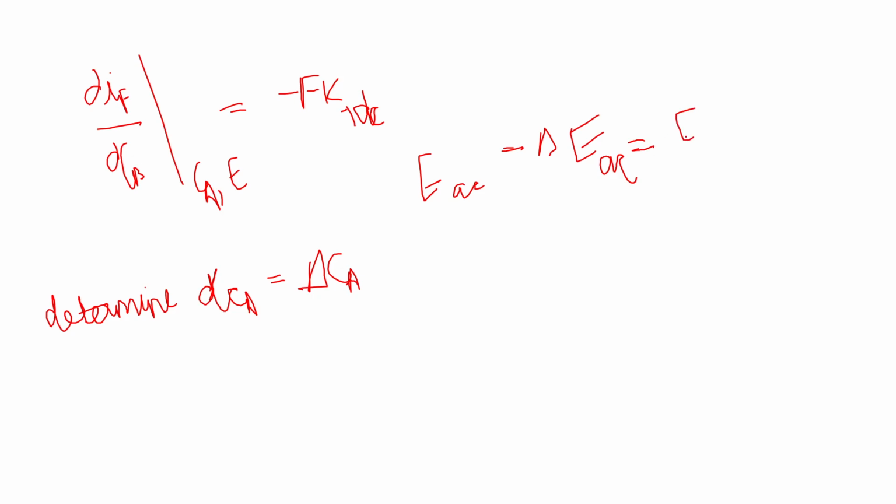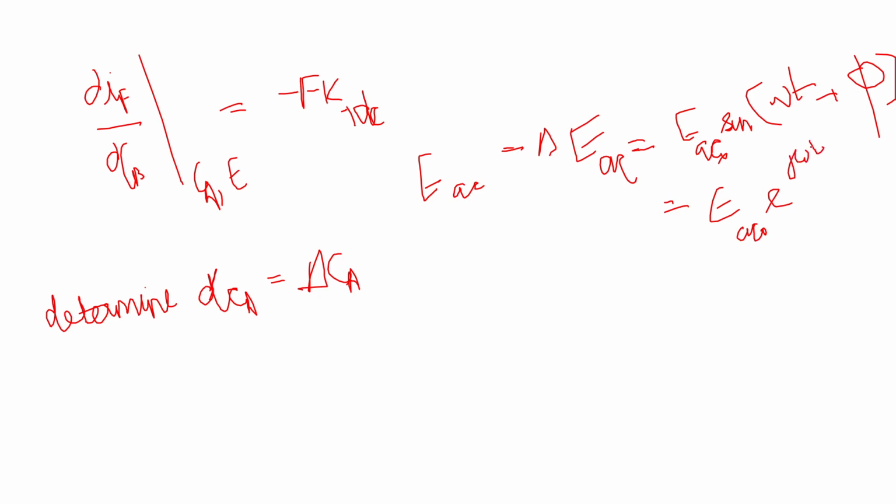And how do you write this? You'll write it as EAC naught sine omega t plus phi if any phase is there, right? Same thing, or I can write it in terms of the polar coordinates. So same thing comes over here.